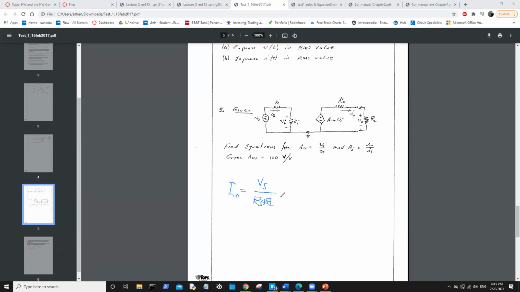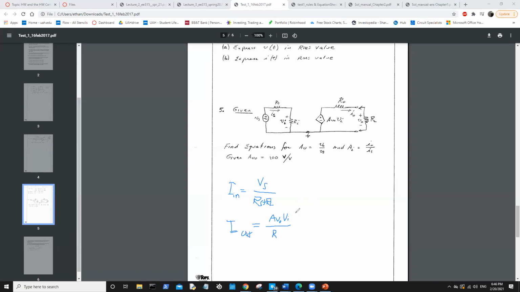Then we have I out, which is going to be equal to, is it this whole portion or is it just the A? The whole portion, because that's just a multiplier. Yeah, that's what I thought. So we're going to have A, V, or whatever, VI over RO plus RL here.